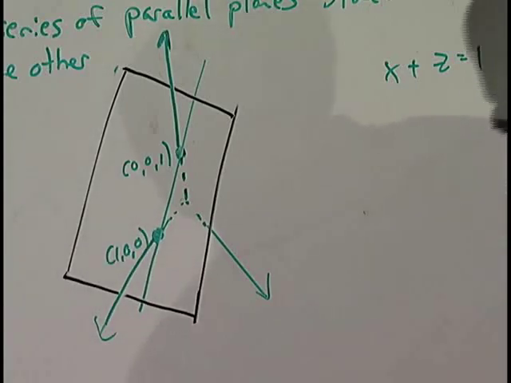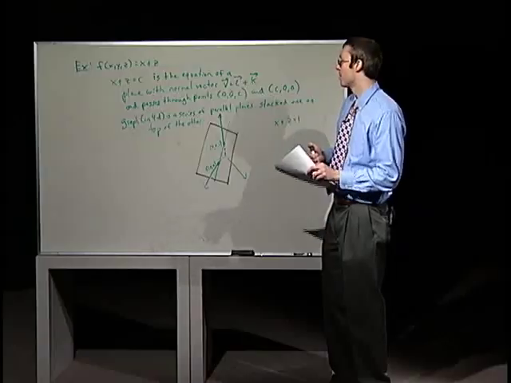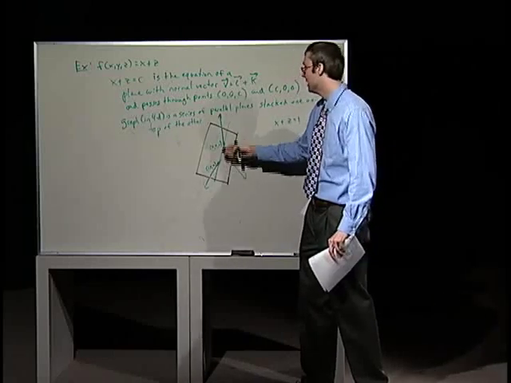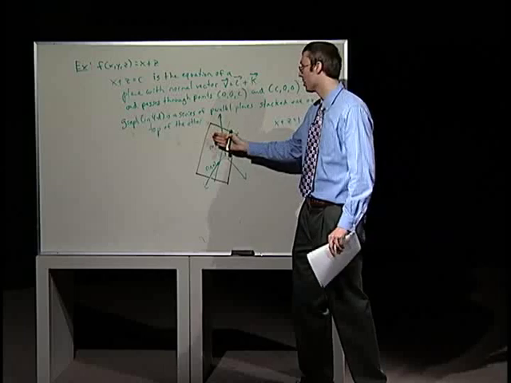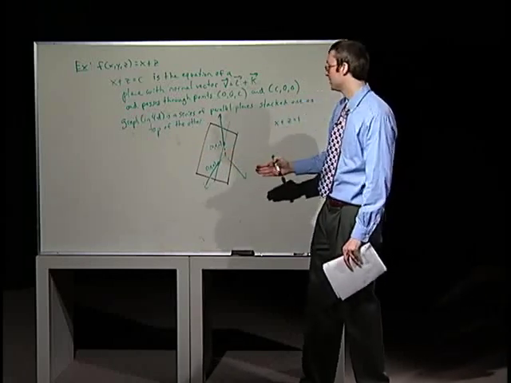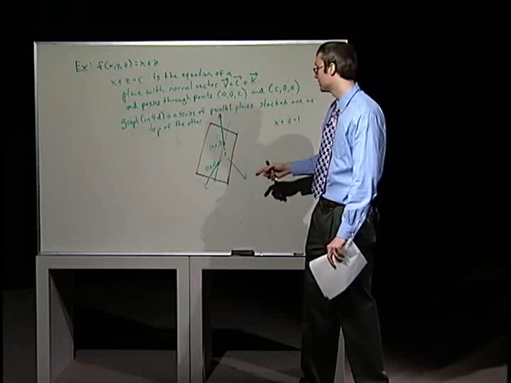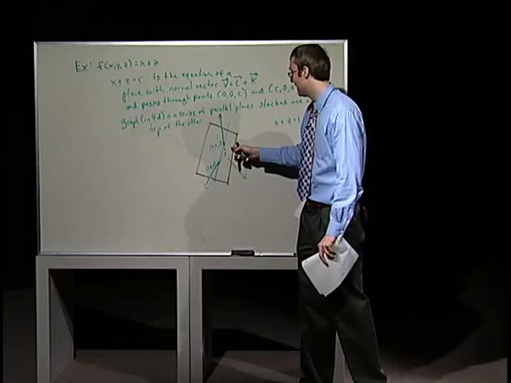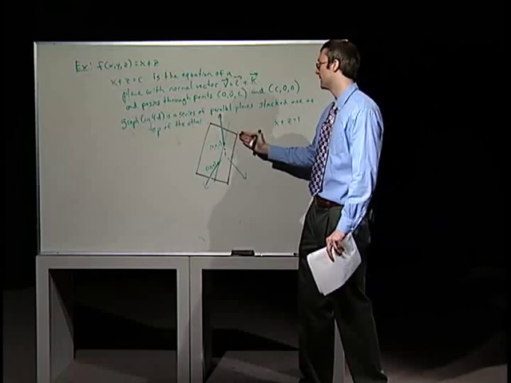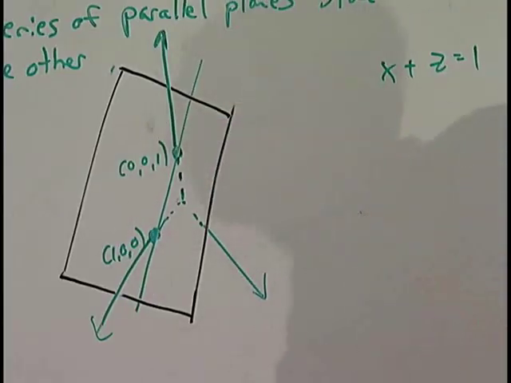As your c gets larger and more positive, your plane would have points up here and down here, but it would be coming out of the board forward like this, right? And as c got smaller and smaller, your planes would be behind this plane, going back into the board, right?